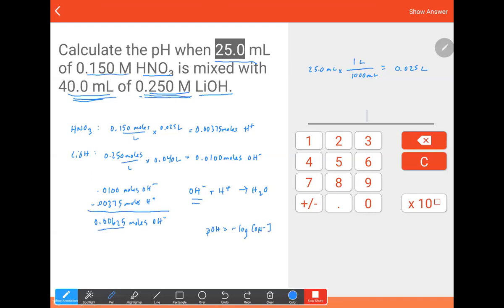So we got to take this number and divide by our new volume, which is 40 plus 25. So 65 milliliters, so 0.065 liters. So 0.00625 divided by 0.065 equals 0.096.